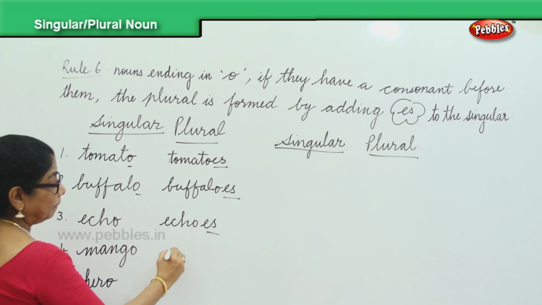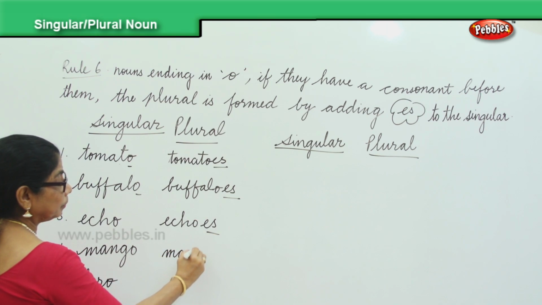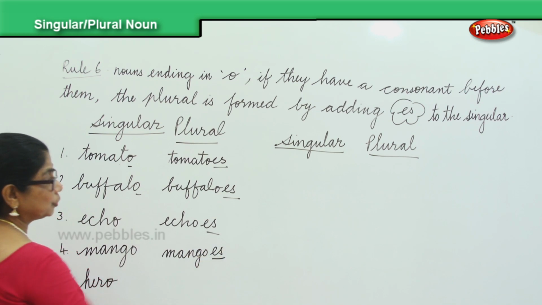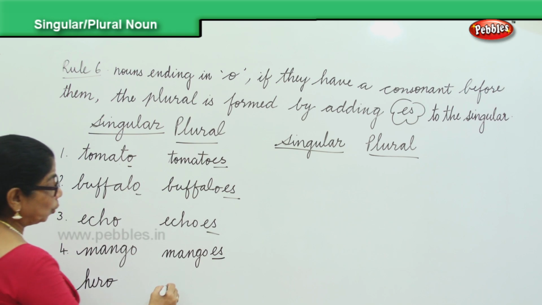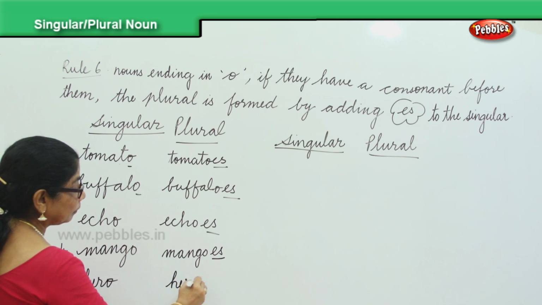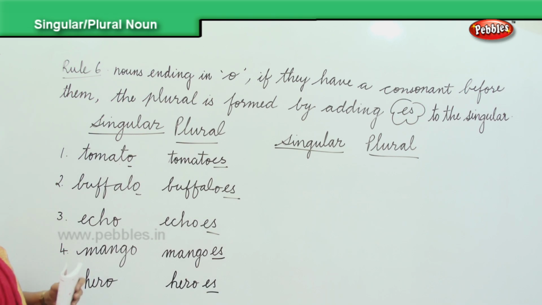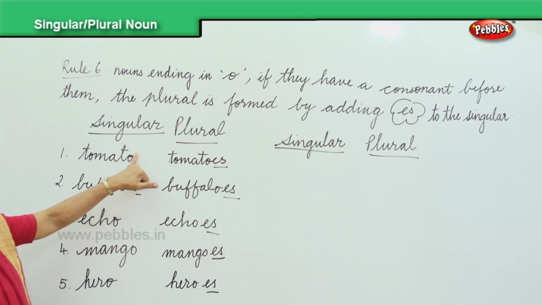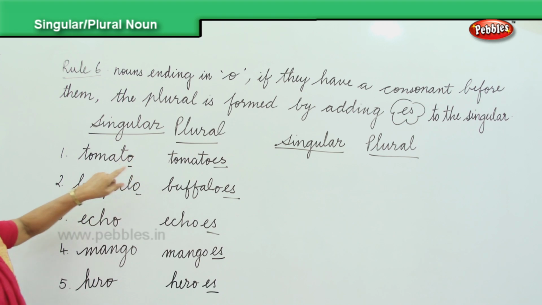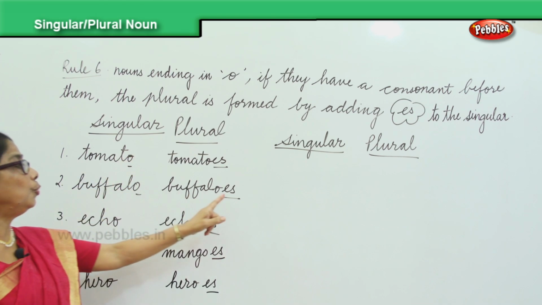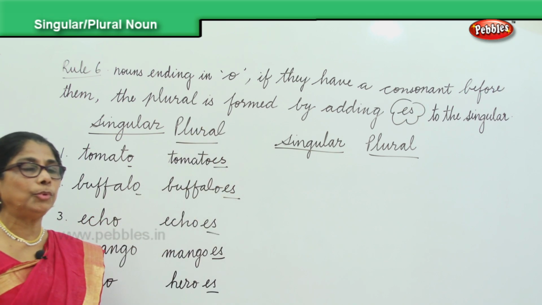Mango, mangoes. You add ES to form the plural. Hero, you add ES to form the plural. So the rule says any noun ending in O and there is a consonant before the O, you add ES to form the plural form.